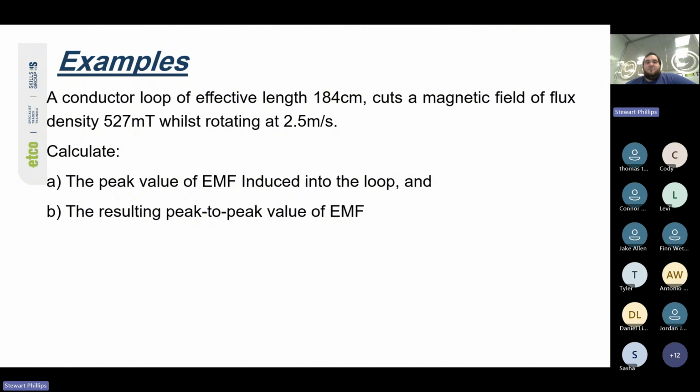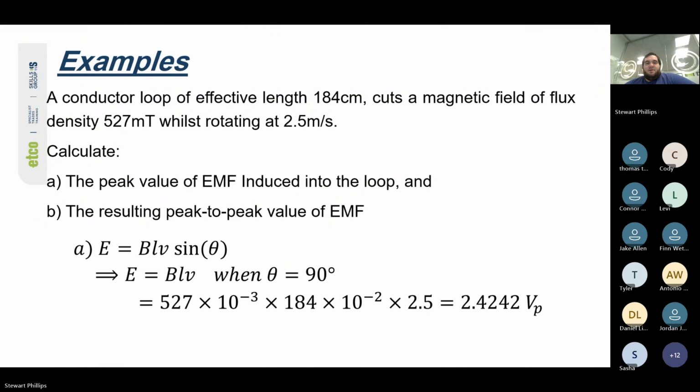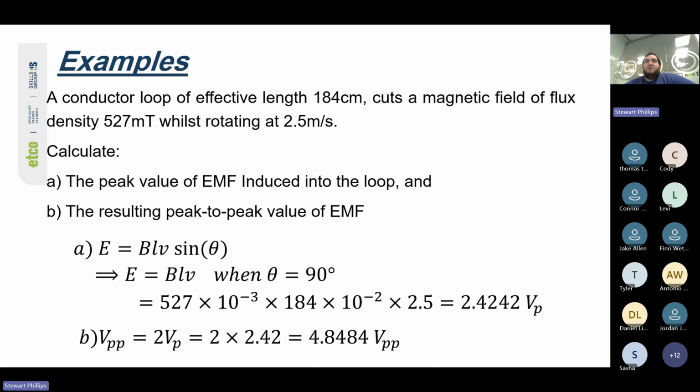Conduct a loop of this length. So we could do our calculation. This is all what we did last week. And then peak to peak is just 2 times the voltage peak. So we know that it's double the voltage peak.